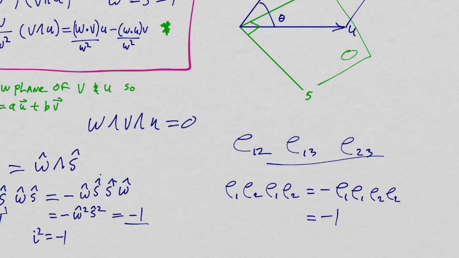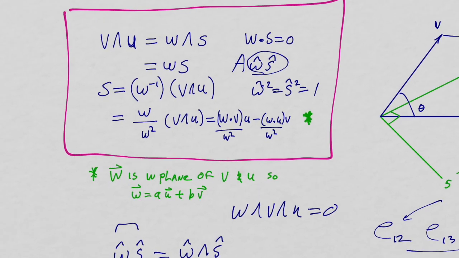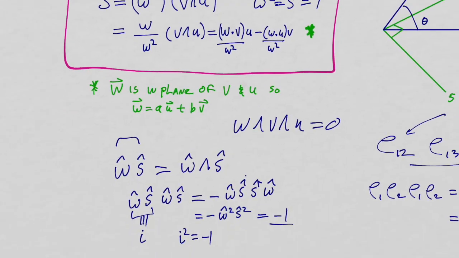So we would say that e12 is the pseudoscalar of the 1-2 plane in three-dimensional space. e13 is the pseudoscalar for the 1-3 plane. But what's beautiful about this is I could take any plane in three-dimensional space and create a pseudoscalar for it. I just need two orthogonal unit vectors lying in that plane, and I've got a pseudoscalar for that plane.